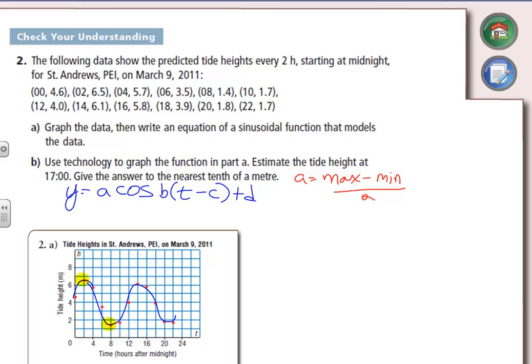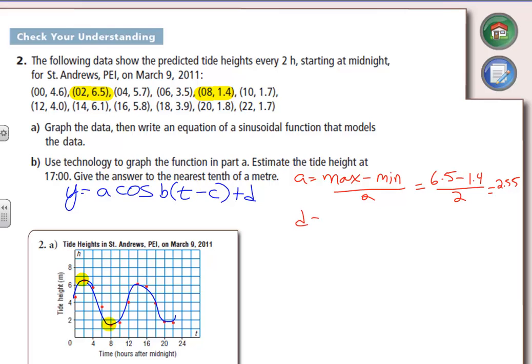The first maximum is at 2 and 6.5, and the first minimum is at 8 and 1.4. So let's use the y coordinates of those. So we've got 6.5 minus 1.4, divided by 2, and that equals 2.55.